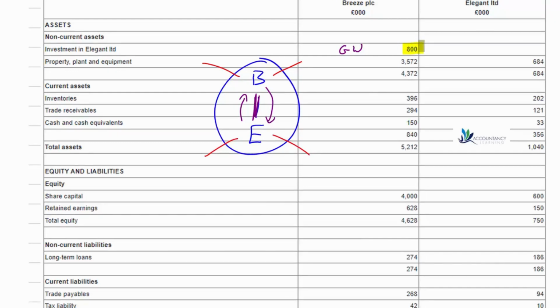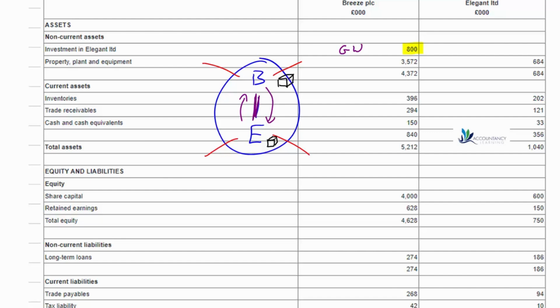And then we have property, plant and equipment. We've got those two numbers. Now remember the definition of an asset: an asset is an economic resource that we control as a result of a past event. So we know that the parent company controls some assets, so they need to be included in the group assets. But the subsidiary has some assets as well, and the parent company controls the subsidiary.